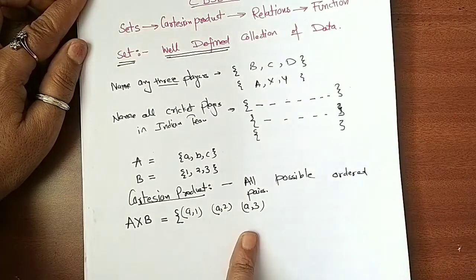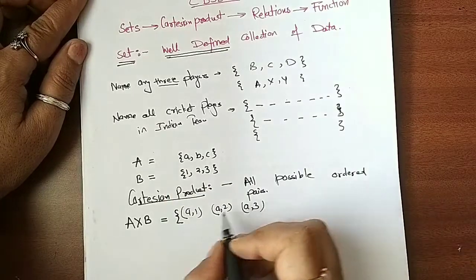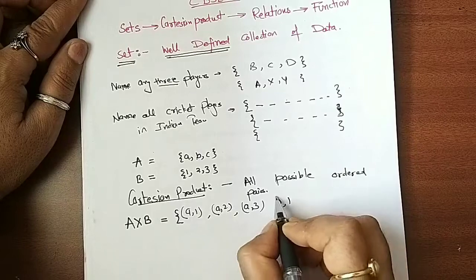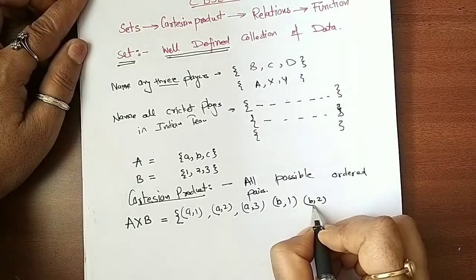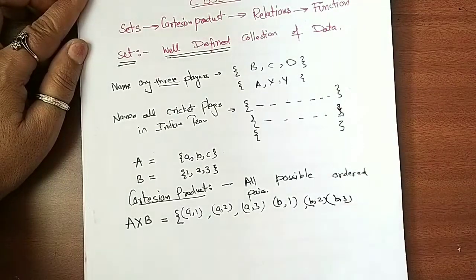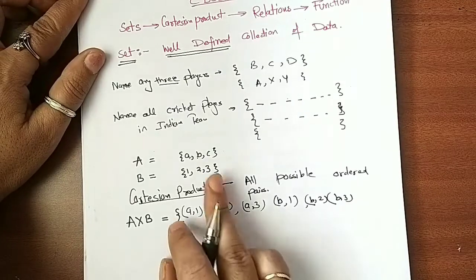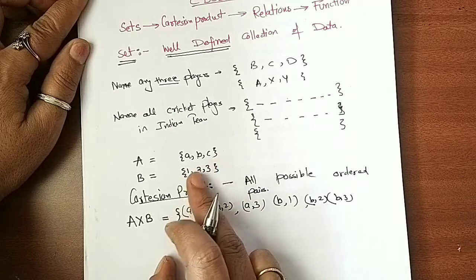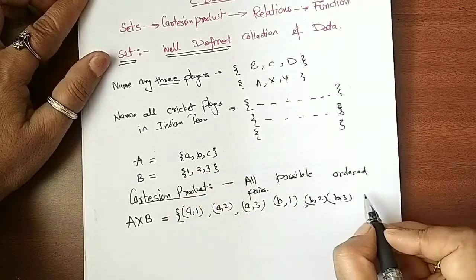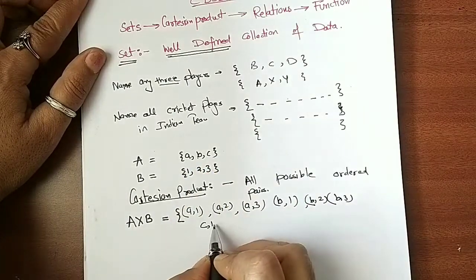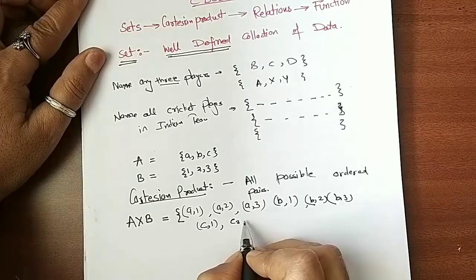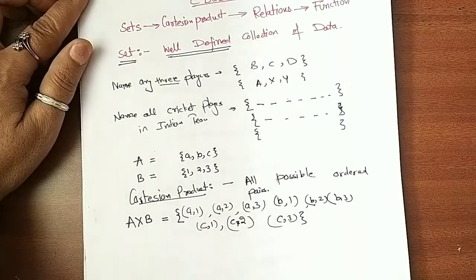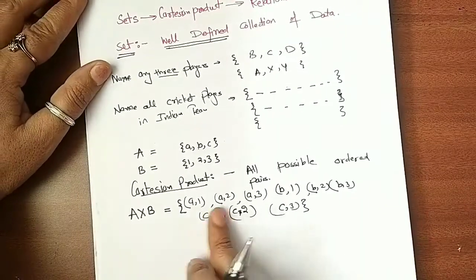These are all possible pairs with A. Suppose I pick another element B, then the ordered pairs are possible B1, B2, B3. Similarly, if I pick C, my ordered pairs will be C1, C2 and C3. So this is called an ordered pair.